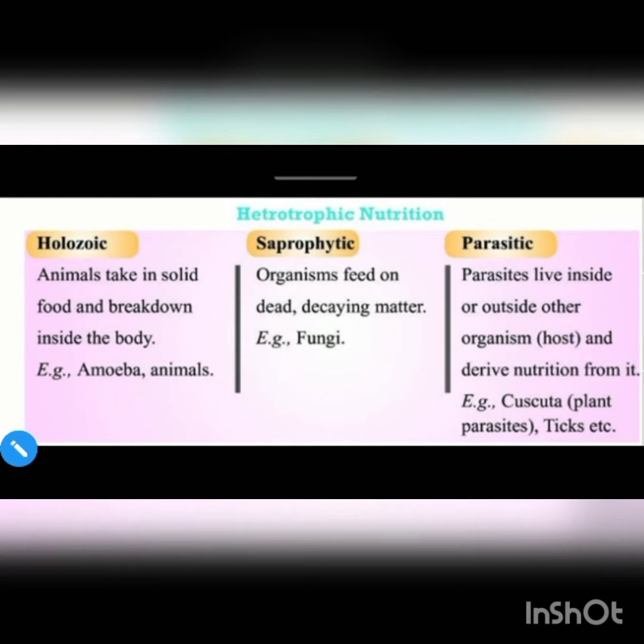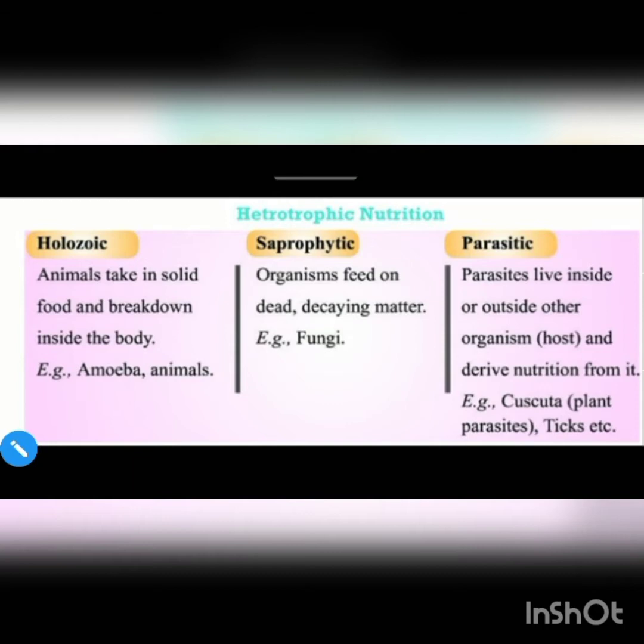That is, the digestive juices will be secreted outside their body. Digestion will be taking place outside the body. After digestion, the simpler substances will be absorbed into the body and utilized for their growth and other activities. Examples are fungi, mushroom, yeast.